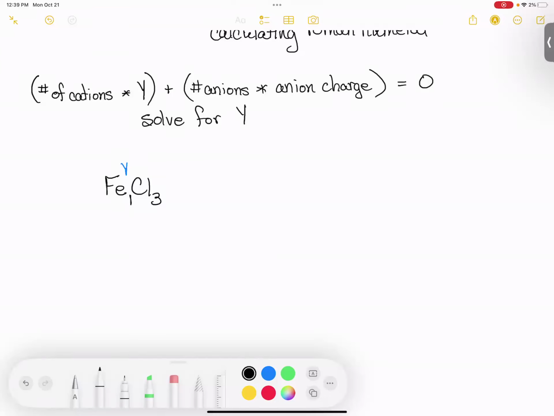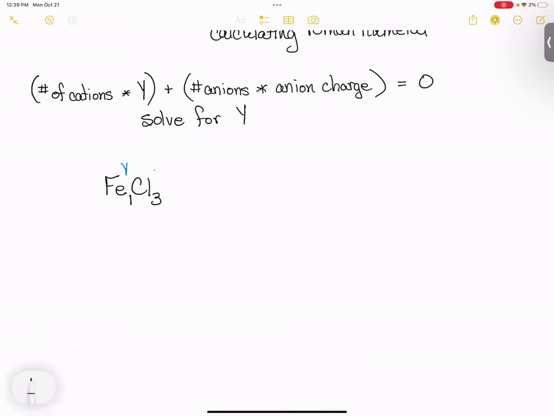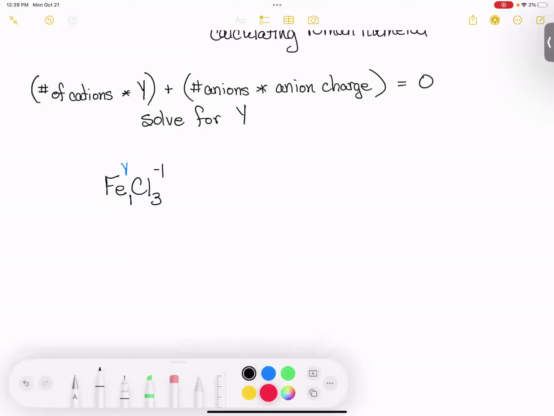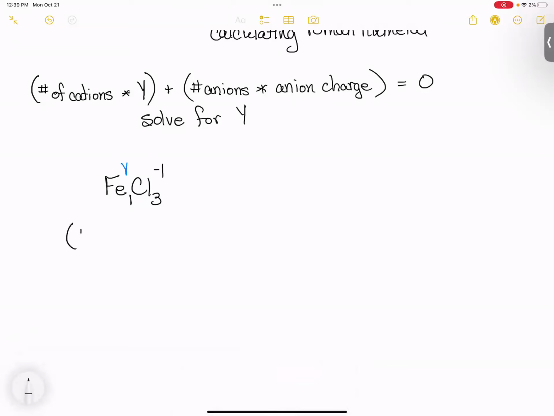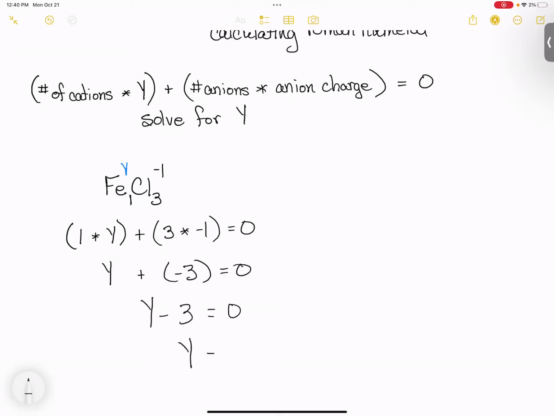It's element 17. -1. And how did we know it had a -1 charge? Because it's in group 17. So we have 1 times y plus 3 chlorines times a -1, and that is equal to 0. Y plus technically a -3 is equal to 0, or in other words, y minus 3 equals 0. Y equals 3.